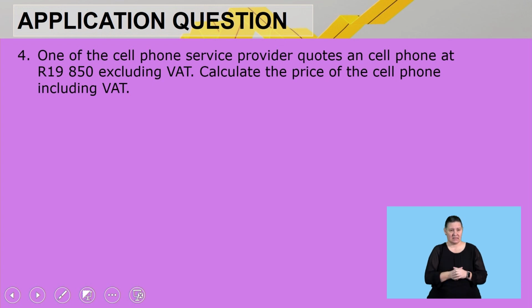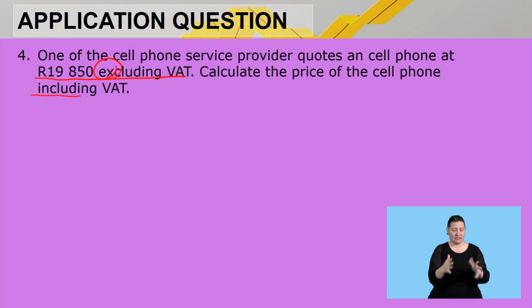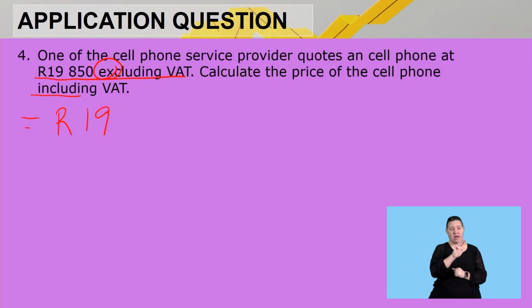Next question, which is number 4 on application. One of the cell phone providers quotes a cell phone at 19,850 excluding VAT. Calculate the price of the cell phone including VAT, meaning the price you'll be paying in total. So we are looking for VAT inclusive.